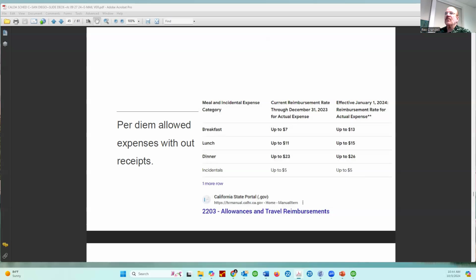But this has to do with the meals per diem. Breakfast, $7, lunch, 11, dinner, 23. And so what they're saying here is even without receipts, you can prove you went someplace, traveled, and had breakfast, lunch, and dinner. And if you don't have receipts, you can write off these standard per diem amounts.